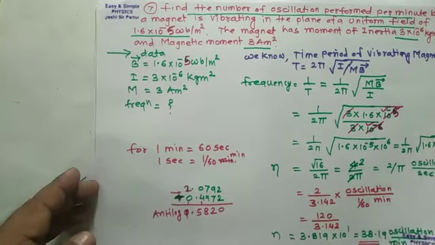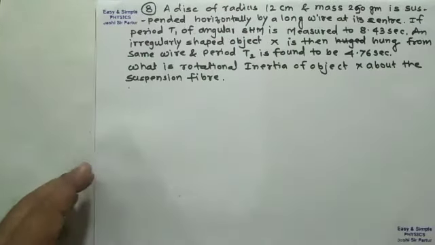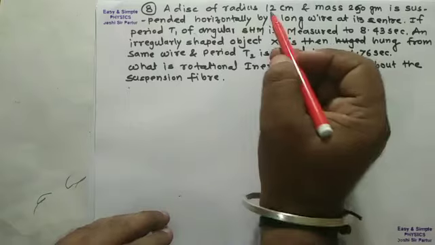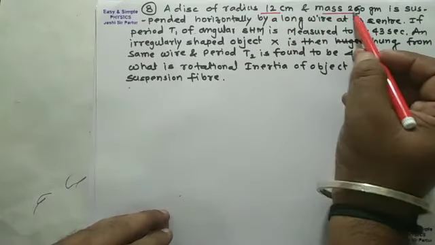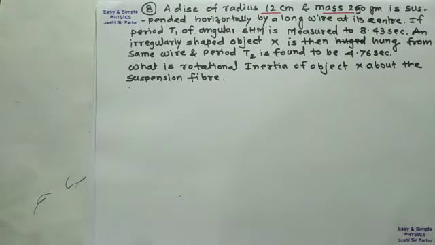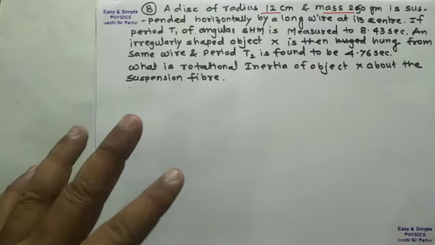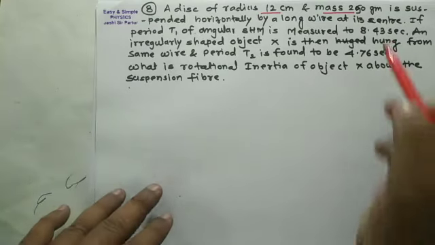Again, another example will be seen, that is a disc. A disc of radius 12 centimeter, mass 250 gram, is suspended horizontally by a long wire at its center.